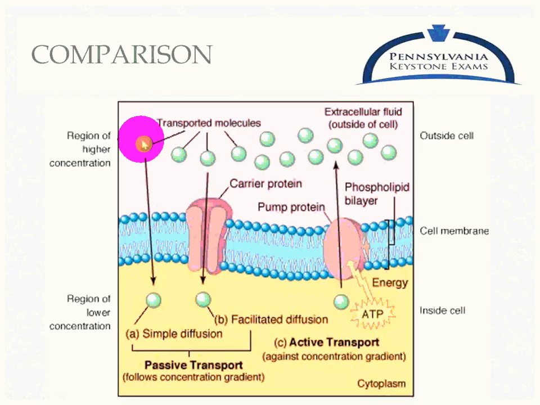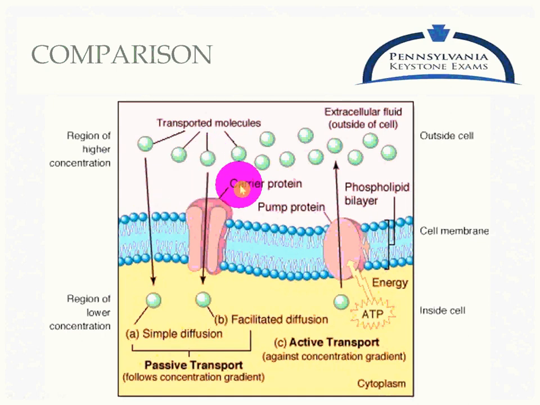So you can see here, simple diffusion is going to be a small particle moving from a high concentration to a low concentration, nonpolar molecule, and it's able to simply go through a pore, a hole, an opening in the cell membrane straight across. Facilitated diffusion is when a molecule is too big to go through the cell membrane on its own, or it could be charged or polar.